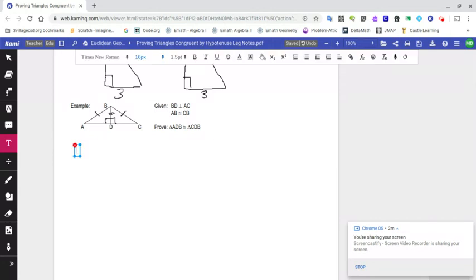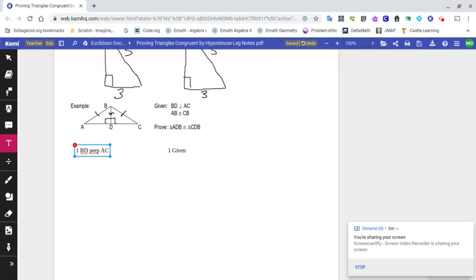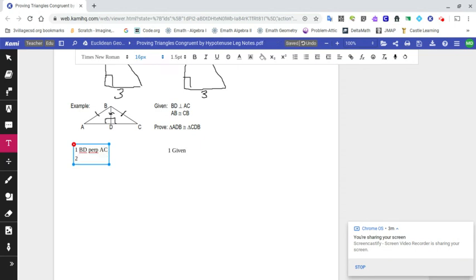This is the way this one has to shape up. I'm going to start with the given: BD is perpendicular to AC. Now I have to state that those two angles are right angles. I don't have to state that they're congruent to each other. Remember, this doesn't really involve the angles being congruent to each other. The angles have to be right angles, and that's it.